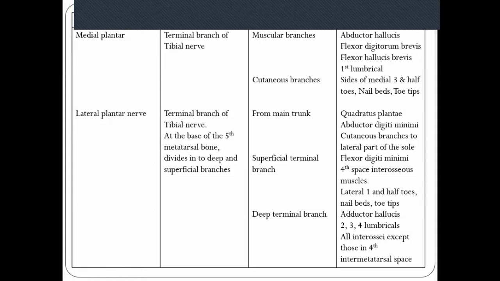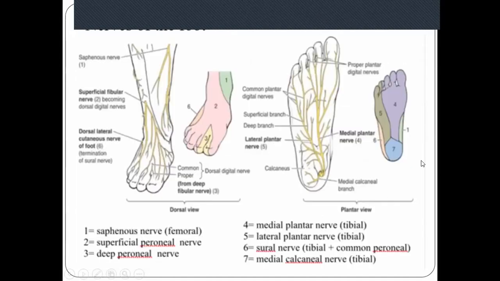So this lateral plantar nerve divides into deep and superficial branches at the base of the fifth metatarsal bone. Here you can see at the base of the fifth metatarsal bone, this lateral plantar nerve divides into the deep branch and the superficial branch.